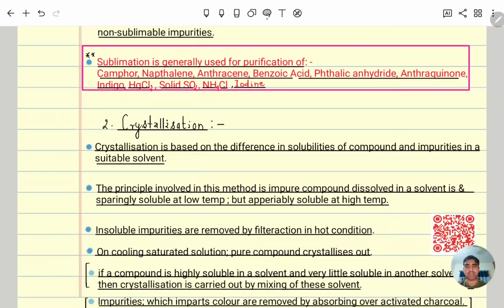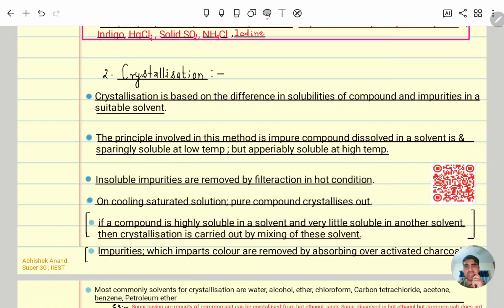Coming to the second process, crystallization. This is for a solid-liquid mixture. You can see in the first point, crystallization is based on the difference in solubility of the compound and impurities in a suitable solvent.